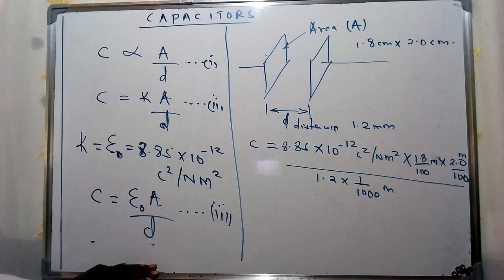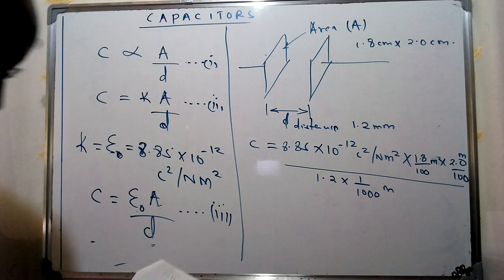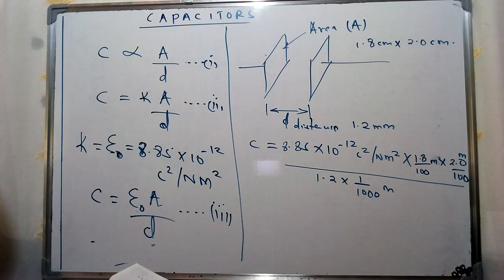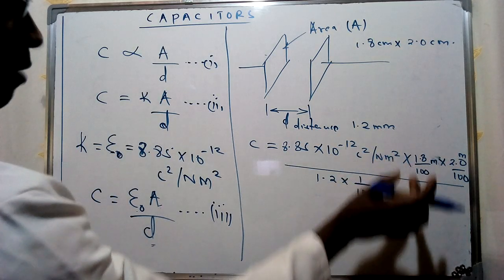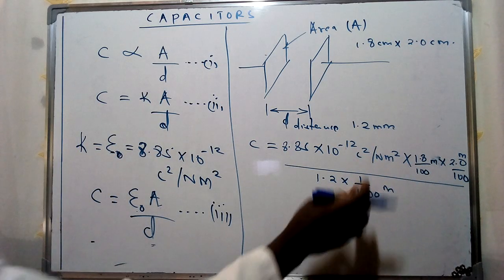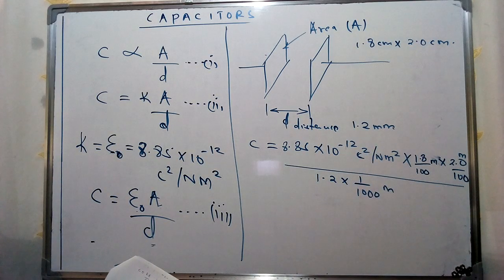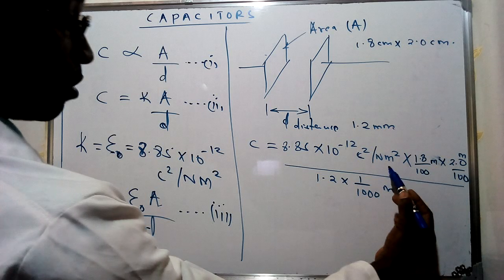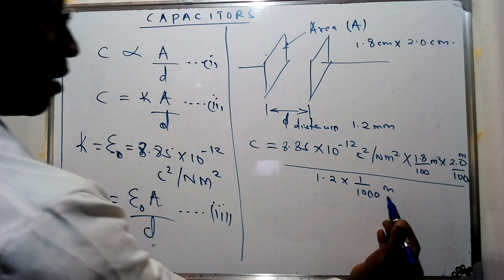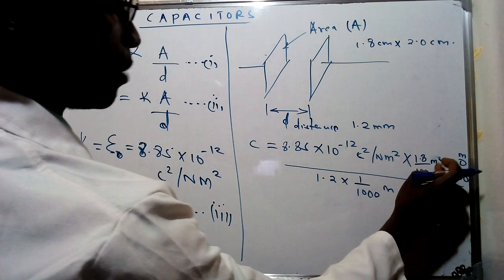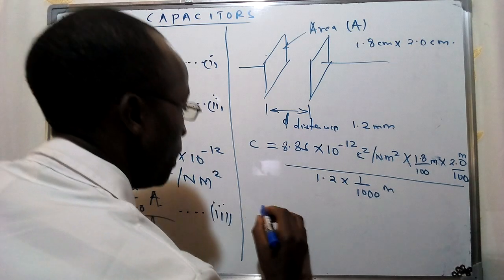And if we try to look at this, this is going to be given in terms of these particular units. Of course, we're going to have the remaining of this square of capacitance given in terms of C, and then we're going to have the newtons remaining together with the meter. Remember, this is going to be a numerator, and therefore the square of these 2 meters are going to be cancelling out.